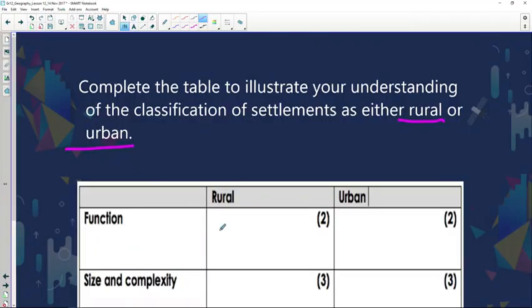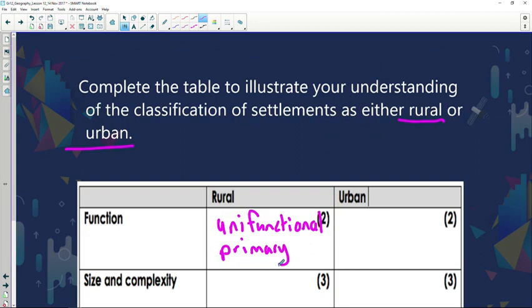So if you look at the function of rural areas, you can usually say it's unifunctional. It's usually primary activities taking place.